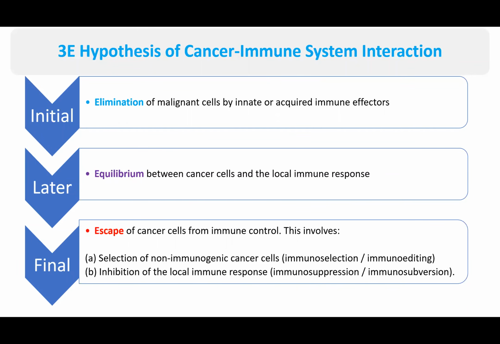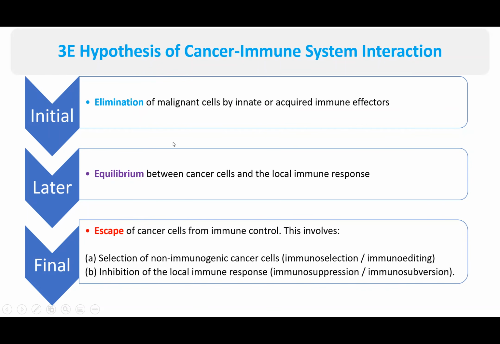So here the immune system, by its two arms, the innate and the adaptive, we will talk about this in detail, is first able to attack the cancer cell and kill it. This is what we call elimination. So elimination of malignant cells means that our immune system in the beginning has full activity and is able to recognize and attack the cancer cells, leading to their elimination or killing.